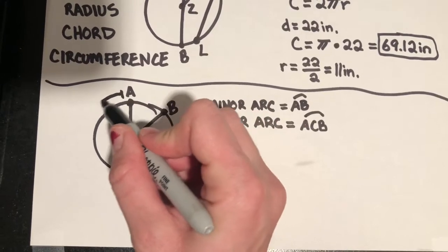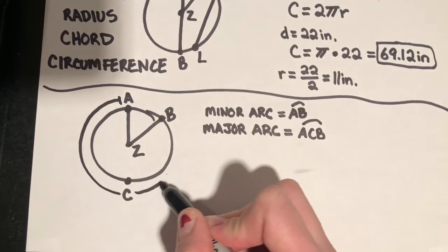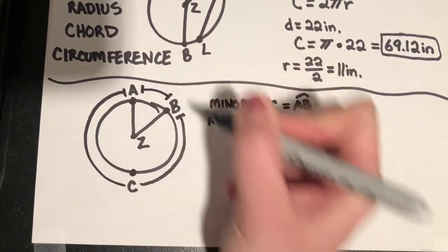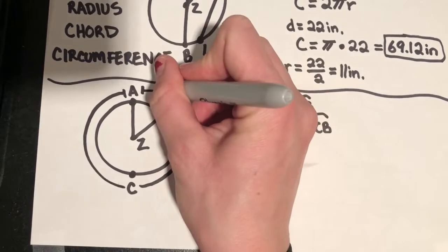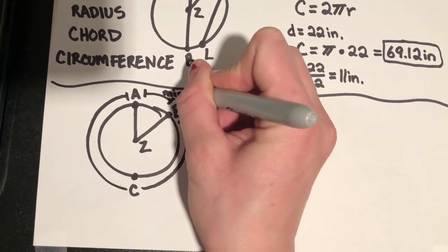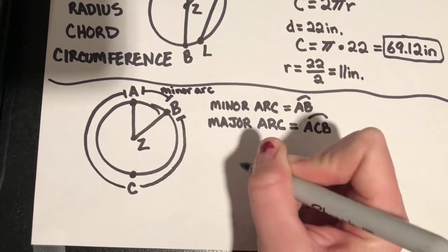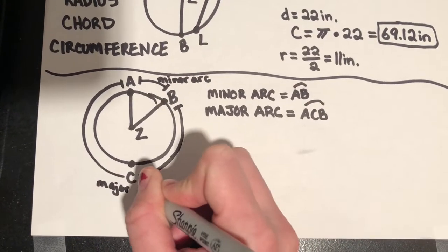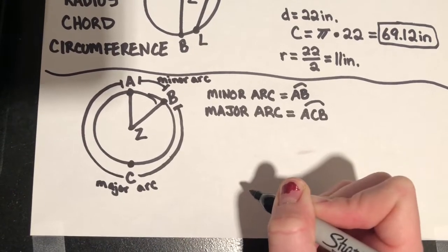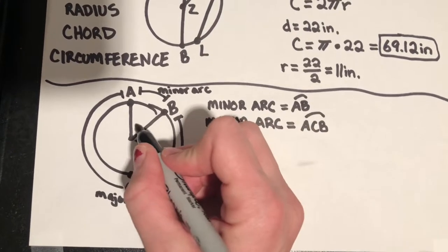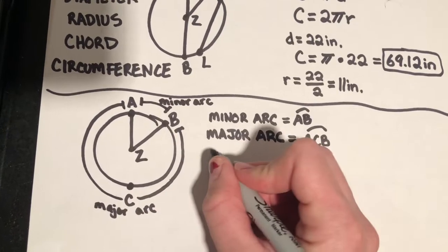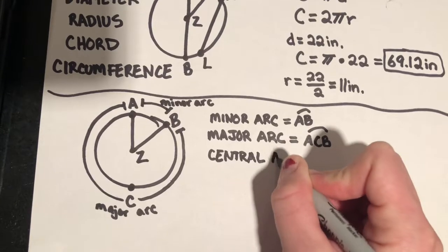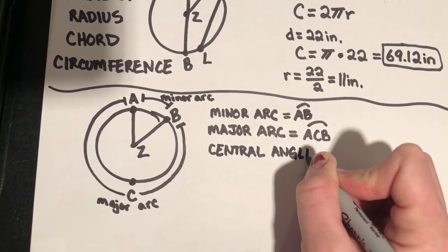So major arc and minor arc. I'll actually label them for you here. All right. Well, what we've just created here is actually called a central angle.